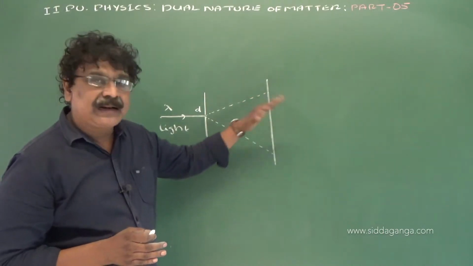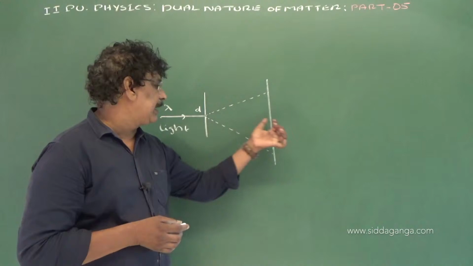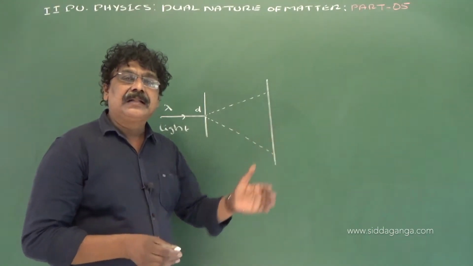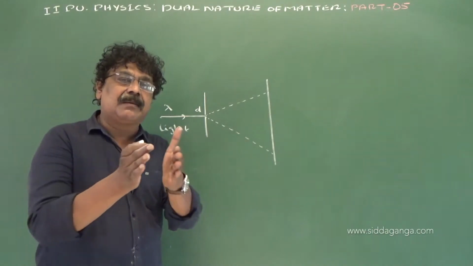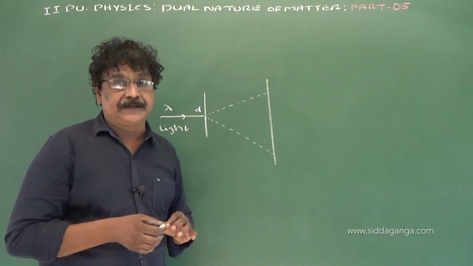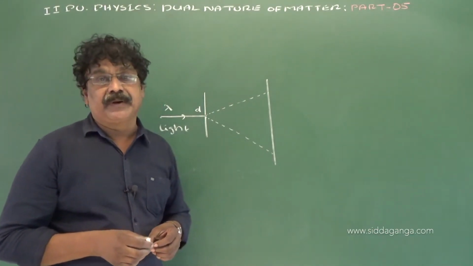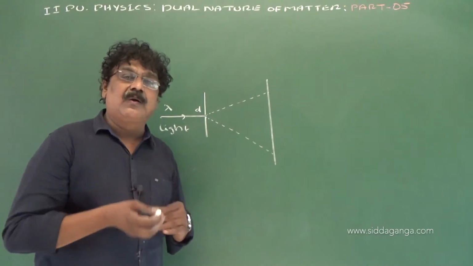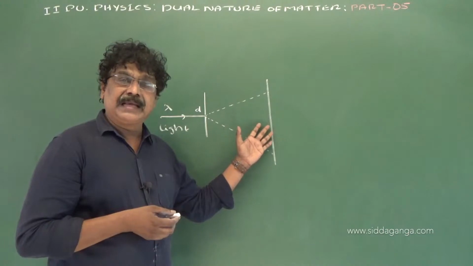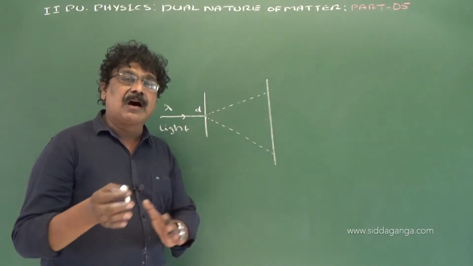That pattern consists of the central band formed exactly in front of the slit, which has the maximum width and the maximum brightness among the other fringes, and it is called the central maximum. It is followed by the diffraction maxima and minima, that is, alternate bright and dark bands.